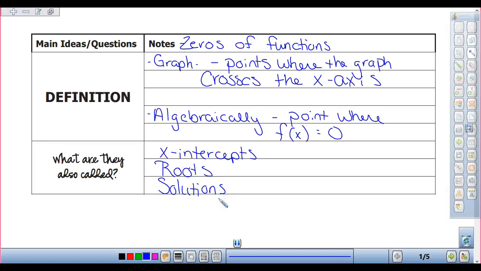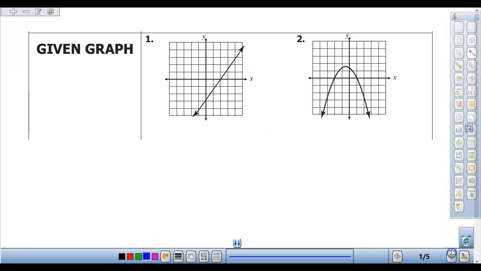And we actually work with these a lot during the second semester. The roots and the solutions part we'll work a lot with during the second semester. X-intercepts we'll work with a little bit next chapter. Okay, so the first part we're going to just rapidly.